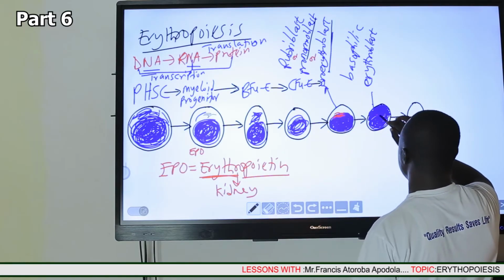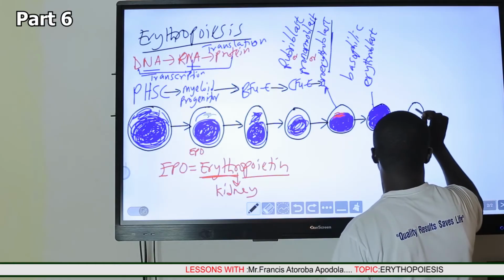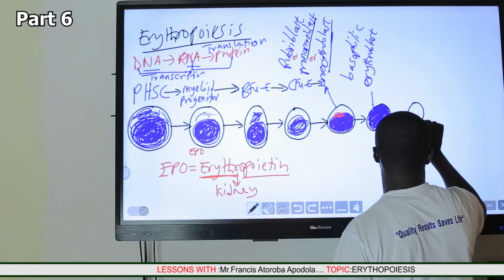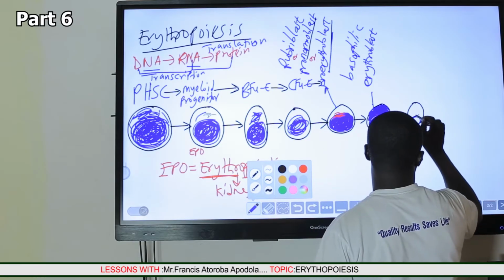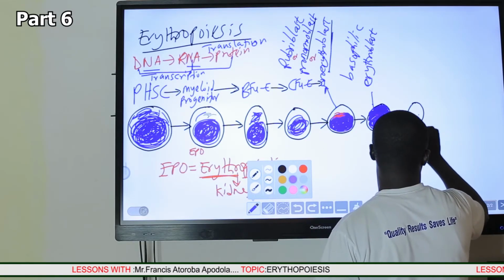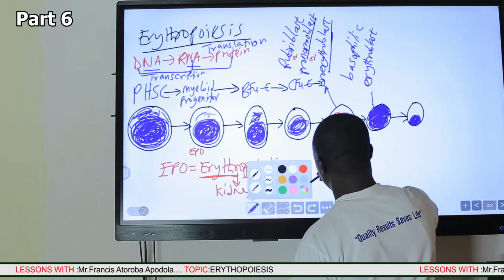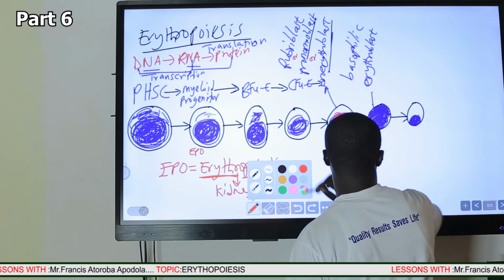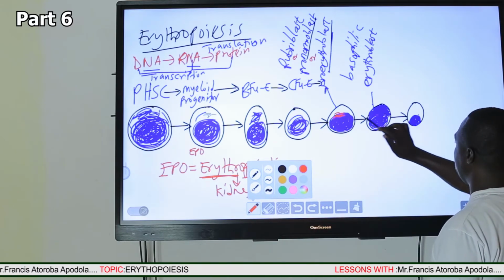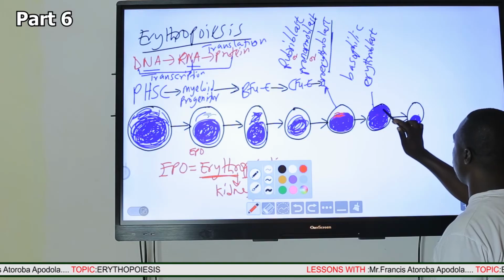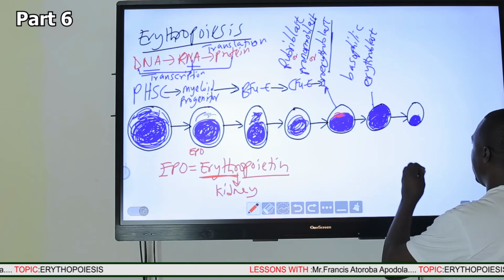So once the proteins are synthesized, we look here, so this is the nucleus. We have done transcription, and the transcription resulted in the production of nucleic acid, and these nucleic acids are actually basophilic.